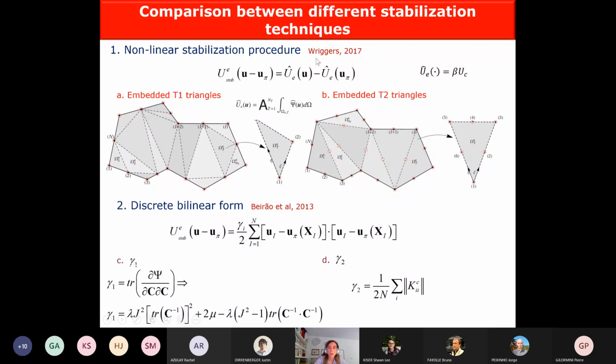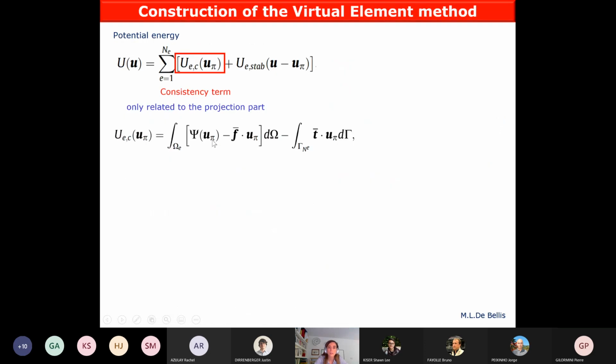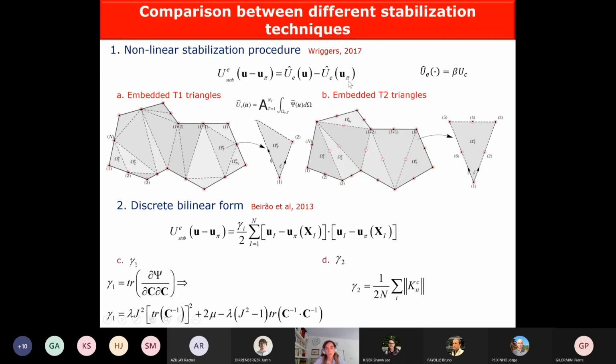The second part of this expression can be treated in the same way as the consistency term, since only the projection P, UP, appears in it, while for the first part a different treatment is required. This part is more problematic.